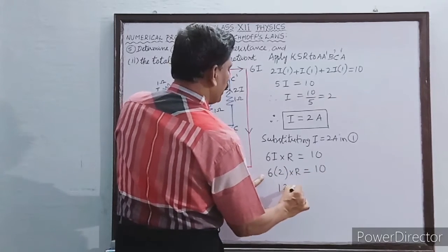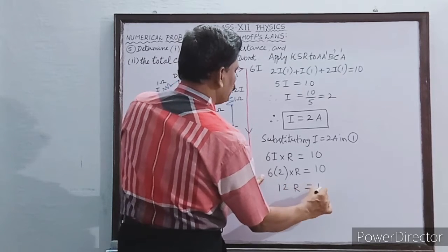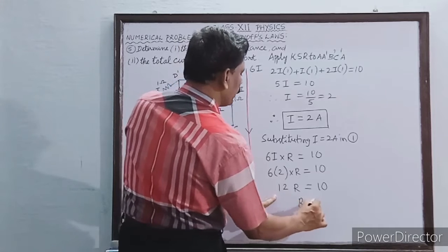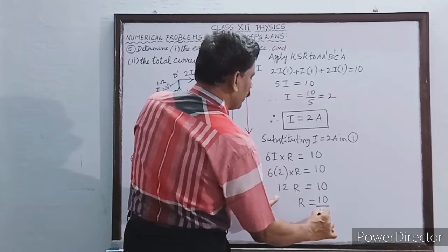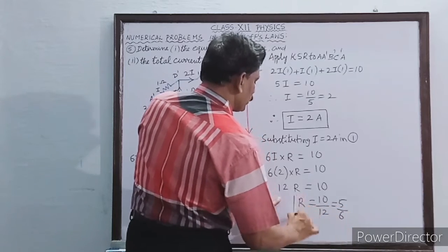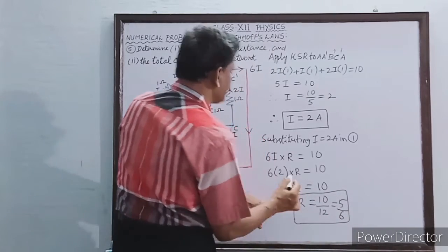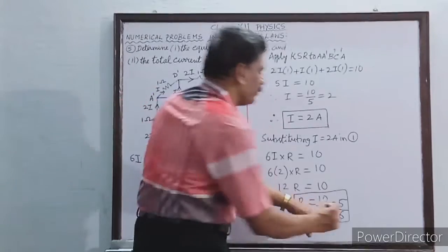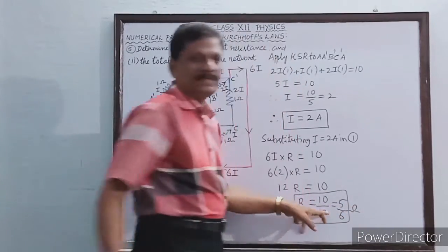So 12R is equal to 10. Therefore, R is equal to 10 by 12, which is equal to 5 by 6. So this is the effective resistance. The equivalent resistance R is found to be 5 by 6, and its unit is ohm.